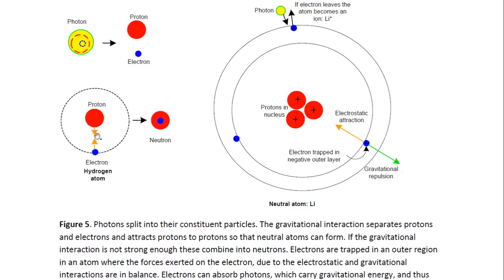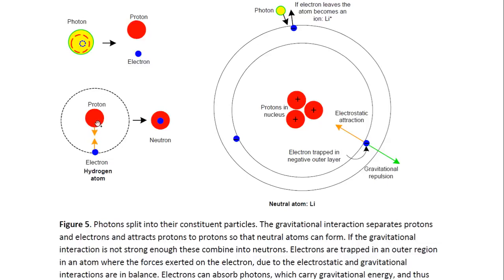It only has one proton and one electron, and it's the gravitational interaction that causes the proton and the electron to repel each other and thus be separate. And the electrostatic interaction causes the two to attract, and this keeps the electron trapped in a region surrounding the proton.